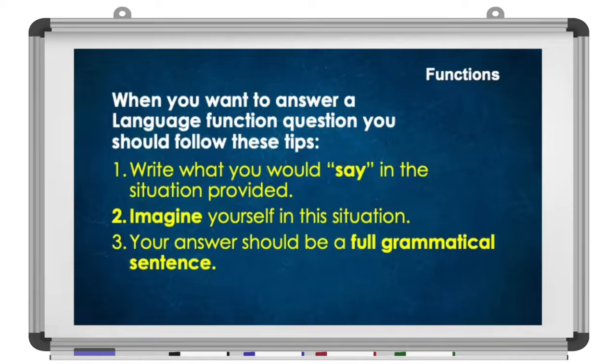Read the situation carefully and imagine yourself in this situation, and imagine what you would say in that situation. And then answer with a full grammatical sentence, meaning don't answer okay or yes. Those are not full sentences. You have to have a full grammatical sentence.